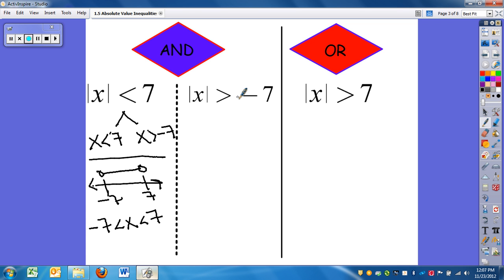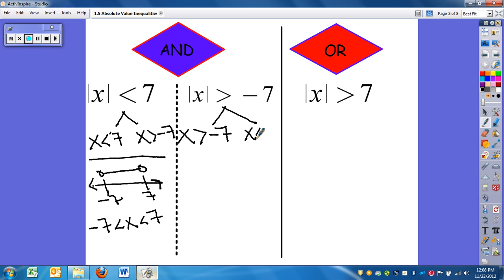On this one, x is greater than a negative number, and you might be thinking to yourself, wait, Mrs. Seyfried, you told us absolute value signs can't be negative, which is true, but since we're representing a set of numbers, everything greater than negative 7, there are some positive numbers greater than negative 7, so there are solutions to this equation. So since it's isolated, we're still going to do our 2. So the absolute value is greater than negative 7.